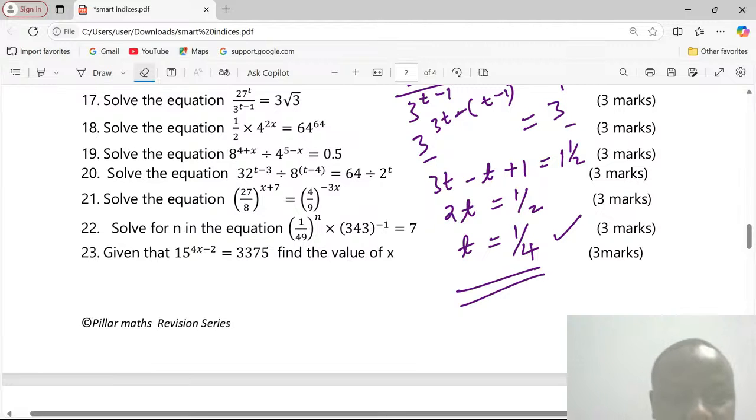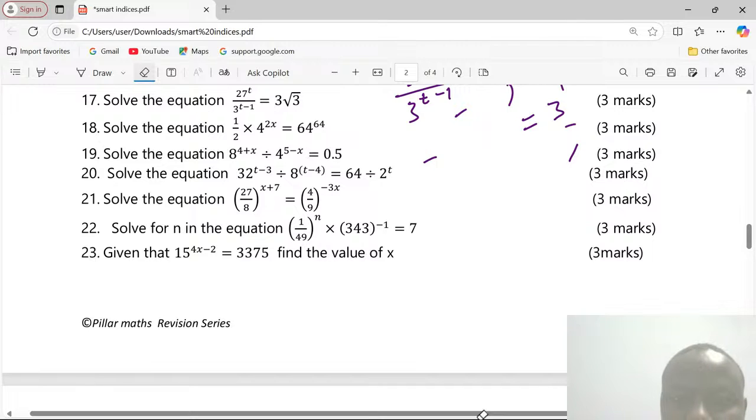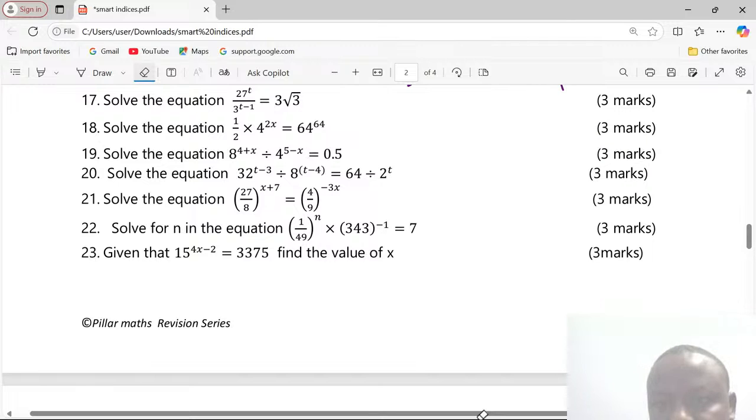A very good question is number 21. Please try out the other questions, but let me look at the interesting item in number 21. In number 21, we have 27 divided by 8 to the power x plus 7 equals 4 over 9 to the power negative 3x.